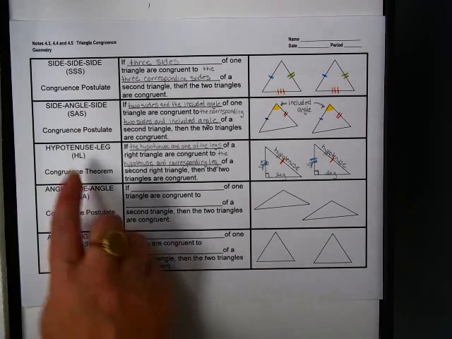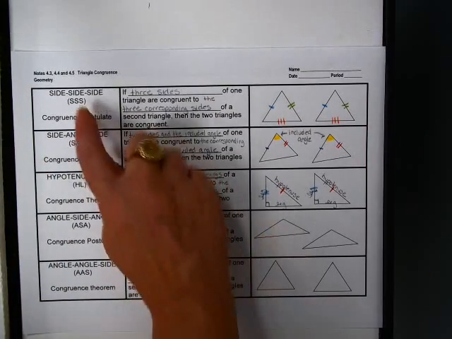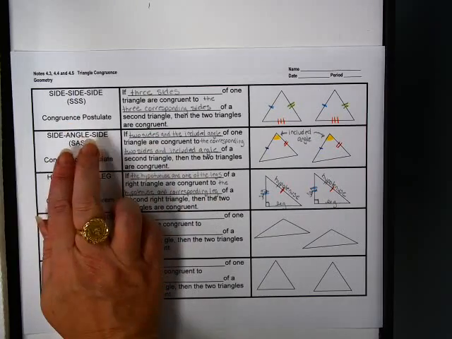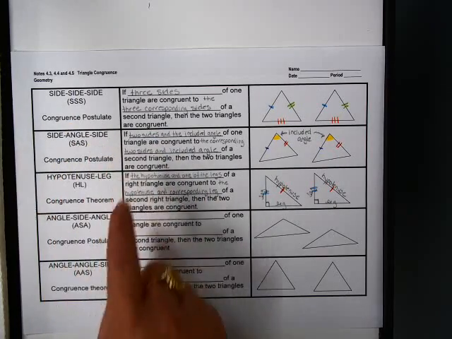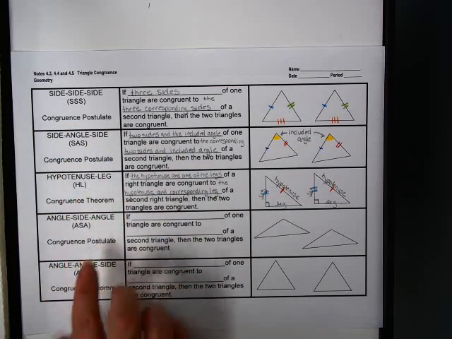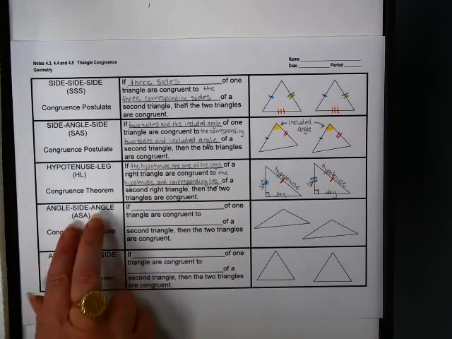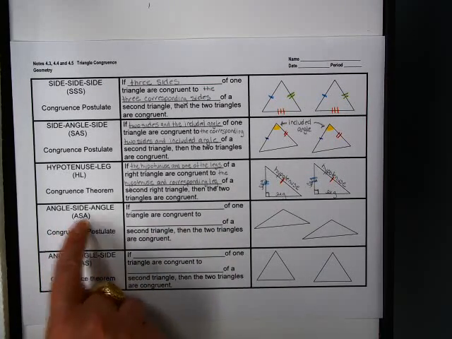The next one, okay, so if you look at what we had so far, I've had side, side, side, I've had 2 sides and an angle, and I've had hypotenuse-leg, and then here I have 2 angles and 1 side.